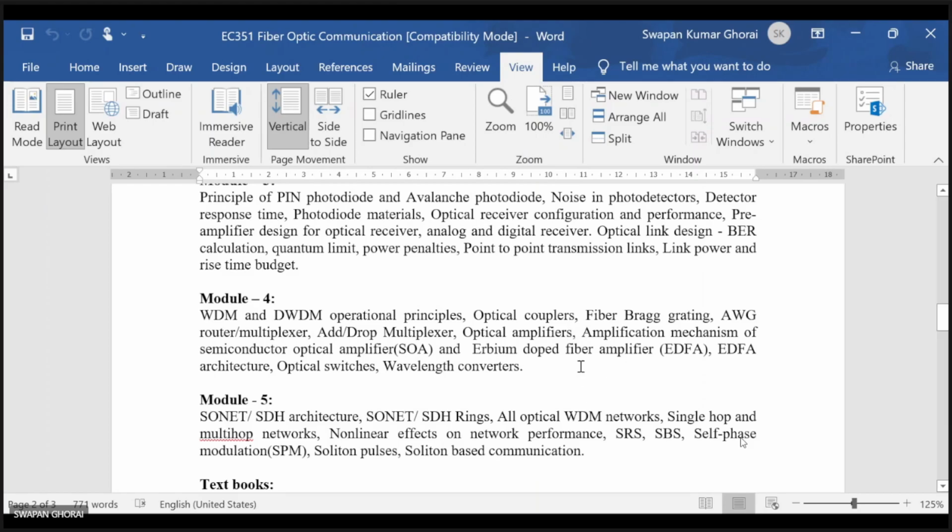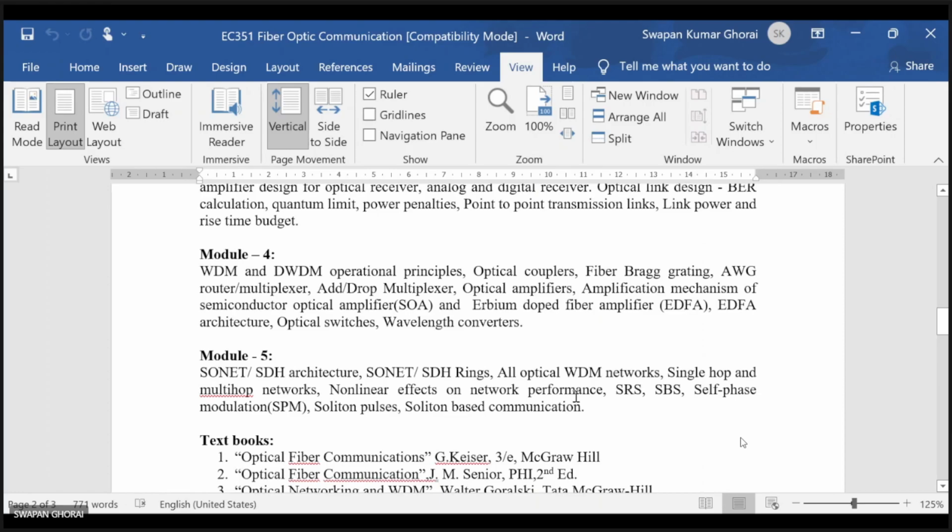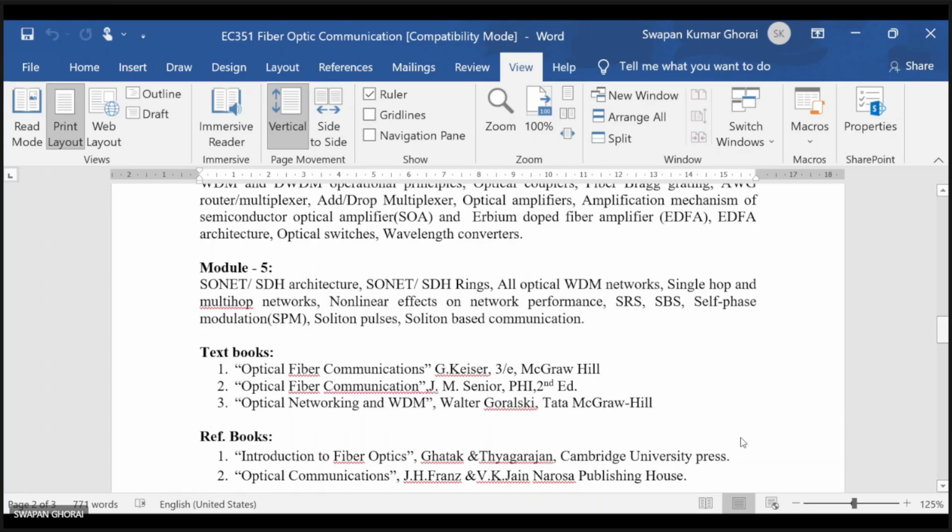I've given some introduction to each module, and for books we will mainly follow Keiser. Of course, there are two versions of Keiser: one is the black paper cover, another is the white paper cover. One is maybe the third edition, one maybe the fourth edition.